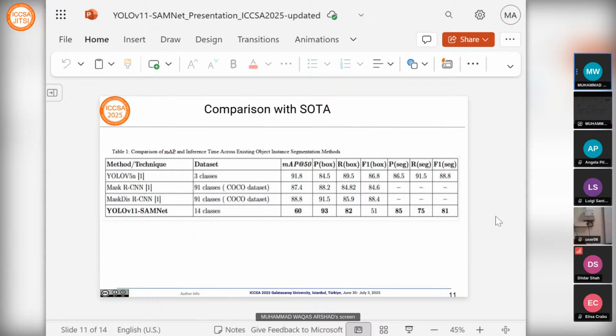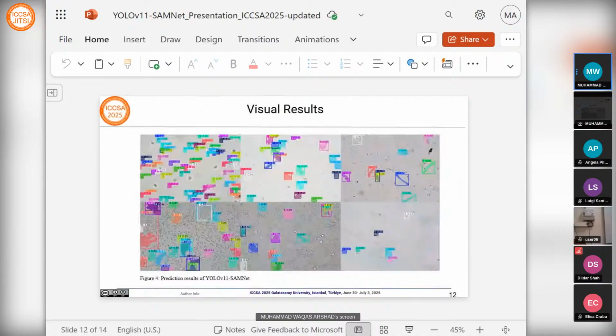So the next slide is the visual result. I think it shows a little more clearly compared to the last diagram. Here there are different microscopy images. YOLOv11 SAMNet is able to successfully detect and generate the segmentation mask for numerous particles, even in a crowded and complex field of view.